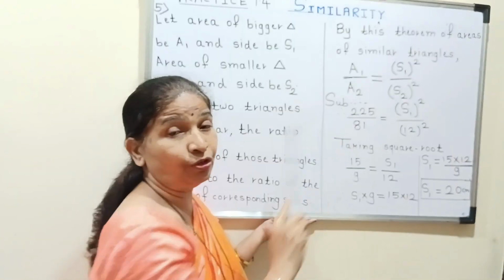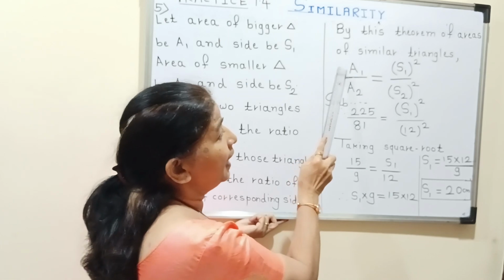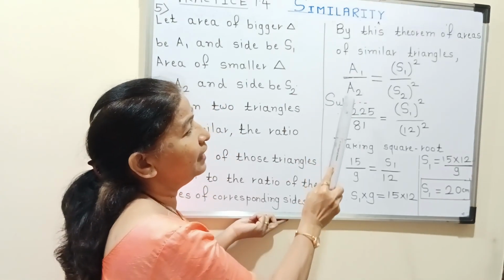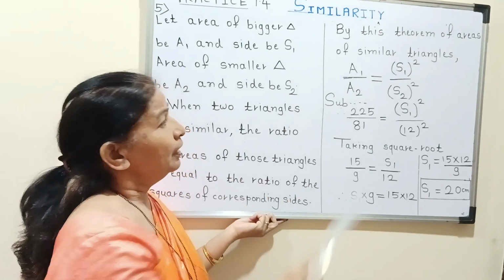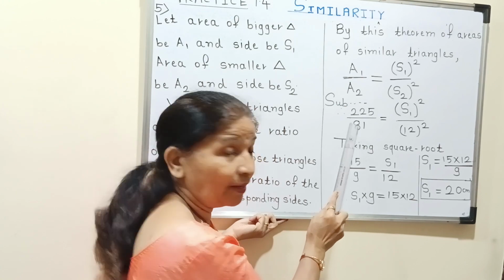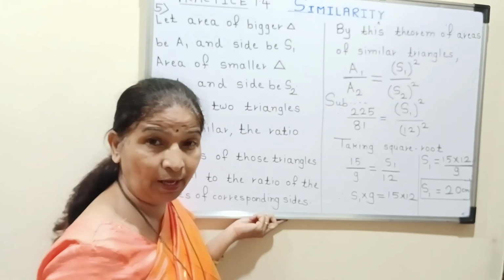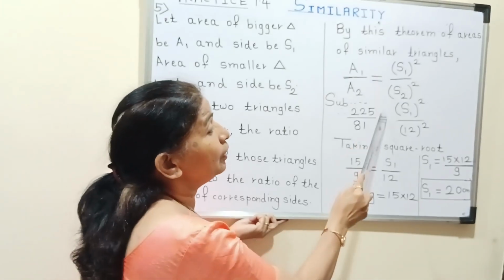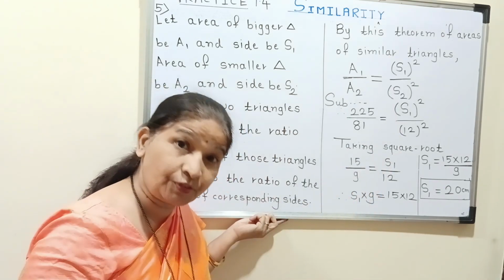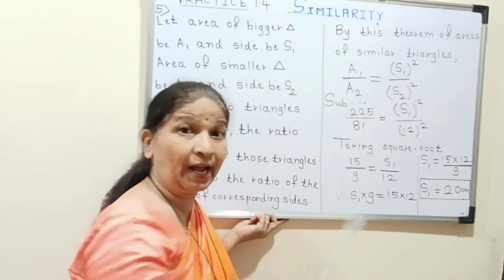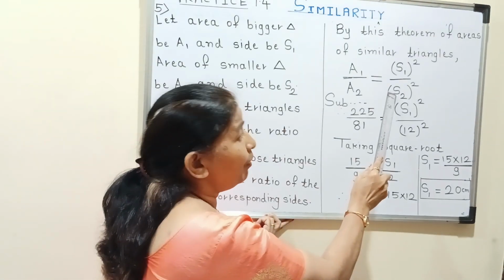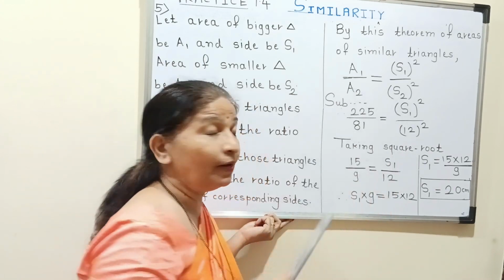Now I will substitute the values. They had provided the area of the bigger triangle as 225 and the area of the smaller triangle as 81. So 225 upon 81 is equal to S1 square, because the side of the bigger triangle is what I have to find out, upon S2 square.